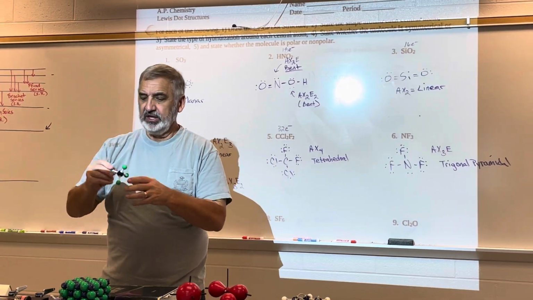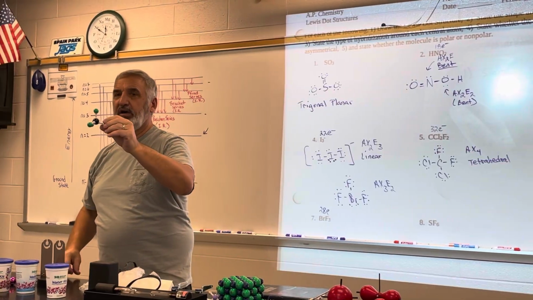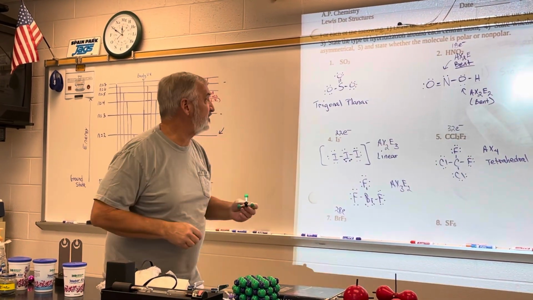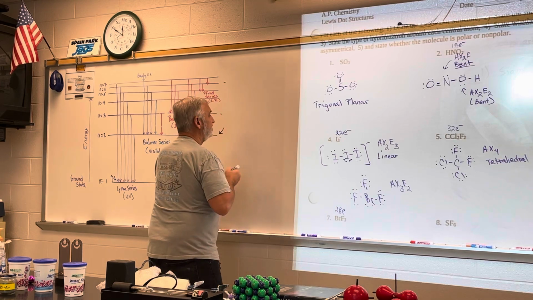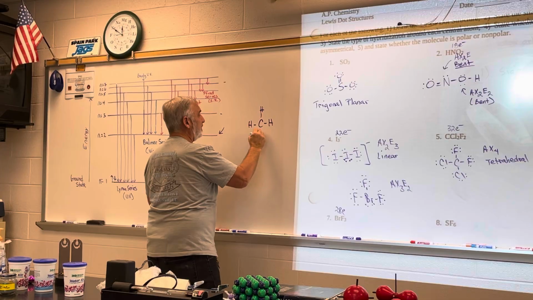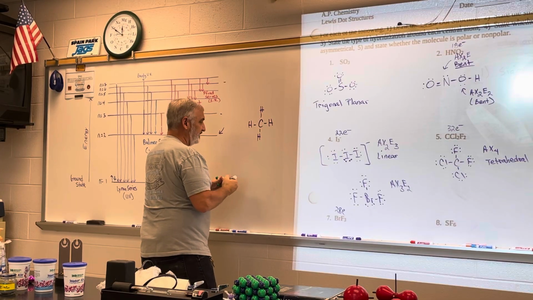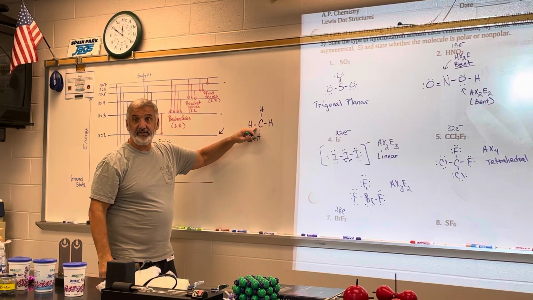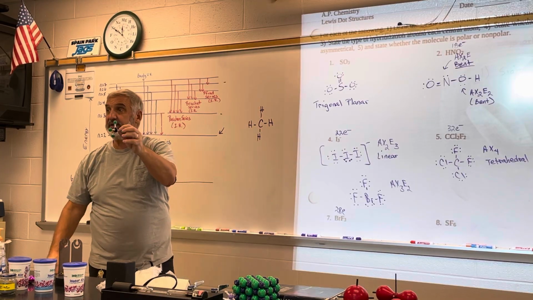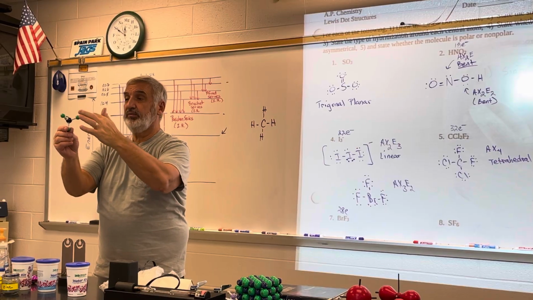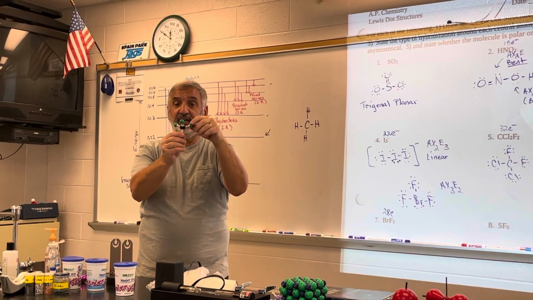Okay, here we go. So when you have four, AX4, four things that hate each other get in the shape of a tetrahedron. Now we draw this. See, when you draw CH4, okay, this is what Cam was saying. You can't trust the symmetry based upon how you draw it. Because that looks flat, but it's not flat. It's three-dimensional. You're just seeing it without any depth perception, where there's one on each side here and one out front.